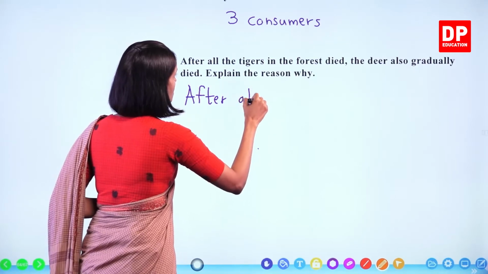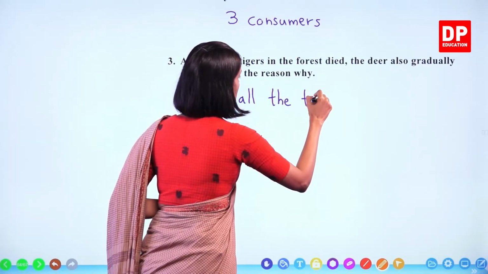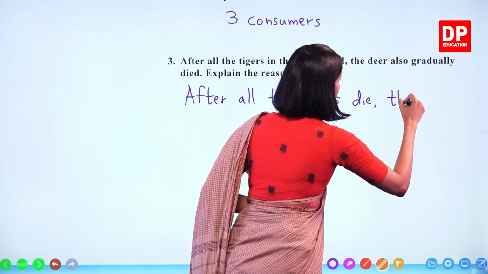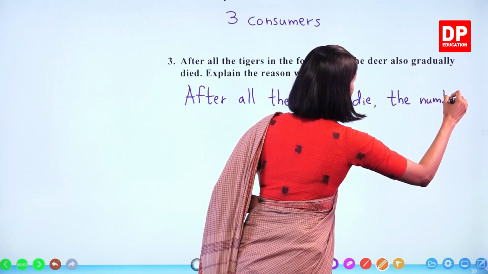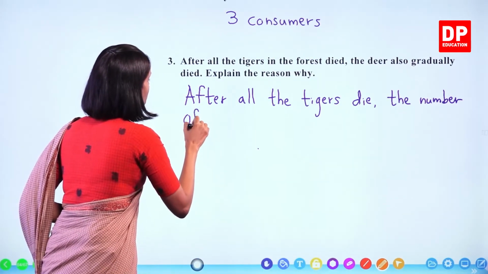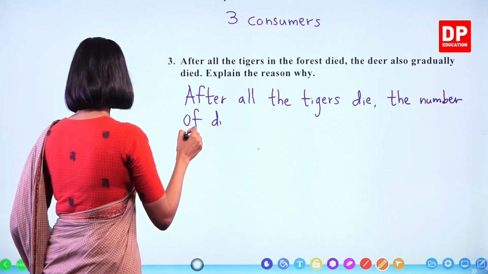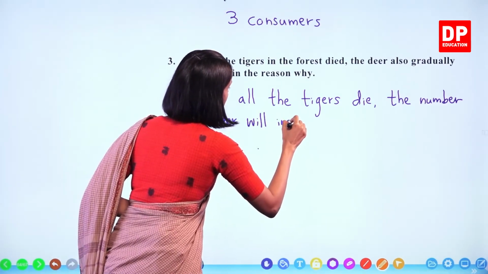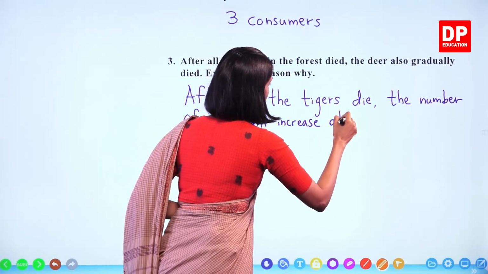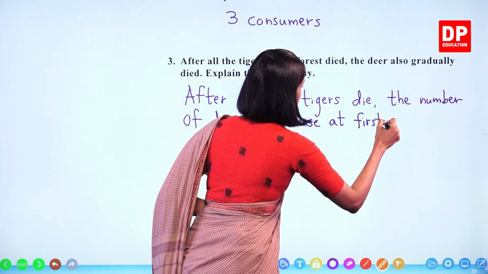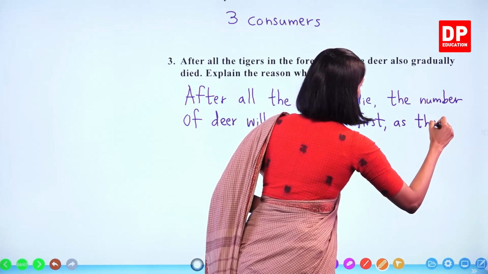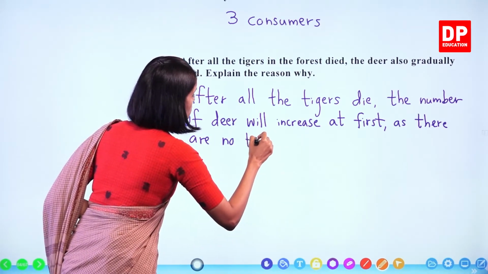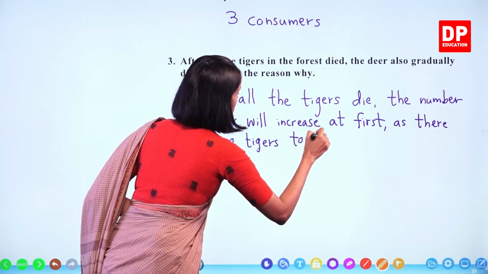After all the tigers die, the number of deer will increase at first, as there are no tigers to feed on them.